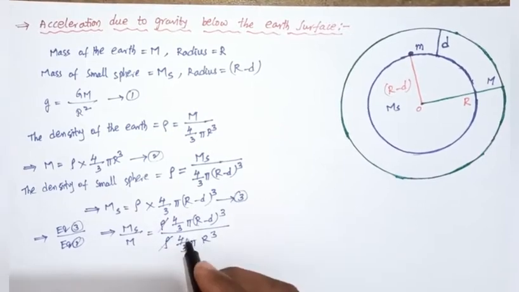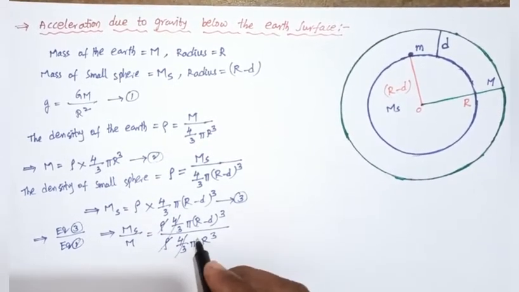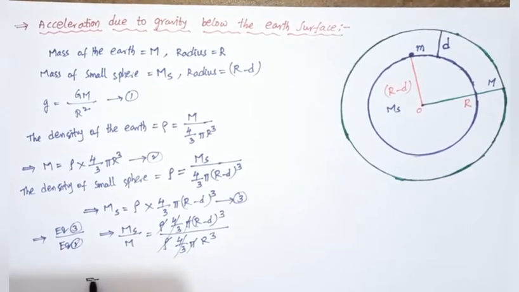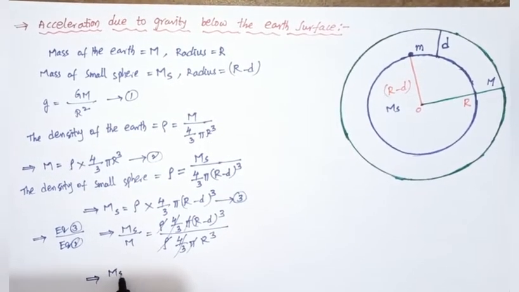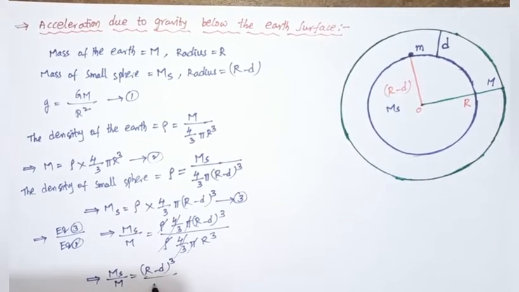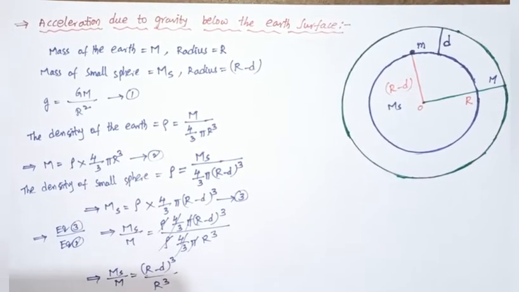Rho gets cancelled, 4 by 3 gets cancelled, pi and pi get cancelled. The remaining term is ms by M equals (R minus d) whole cube divided by R cube.